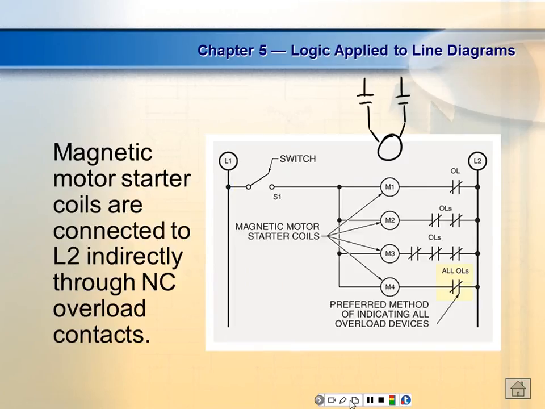The only device that's allowed between L2 and the load is the overload contacts. These normally closed overload contacts are not loads, they are devices. They only belong to motor starters. You okay? Any questions?